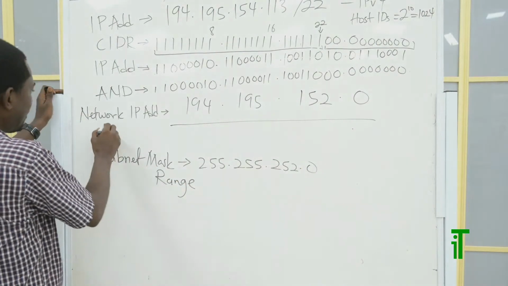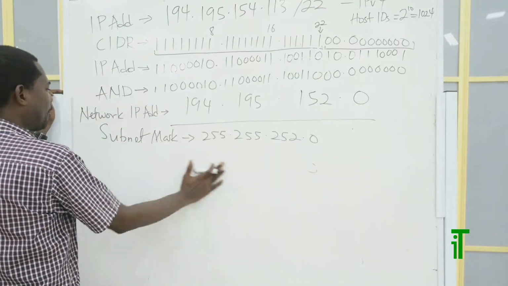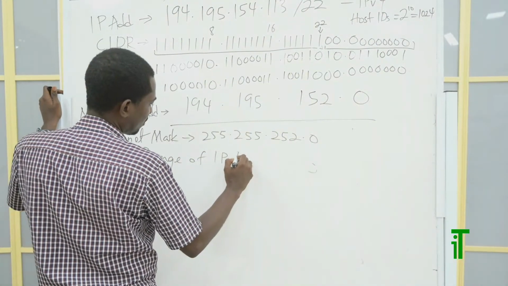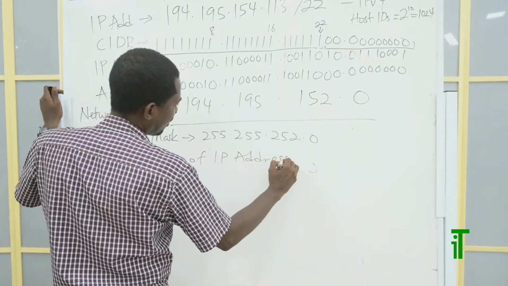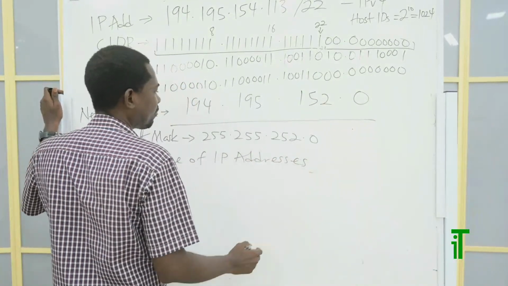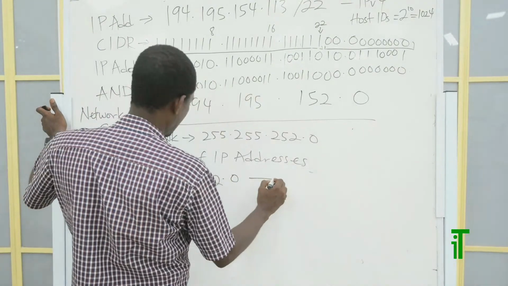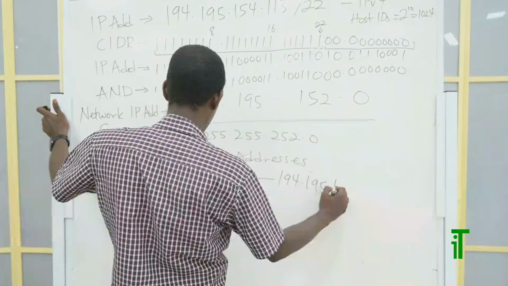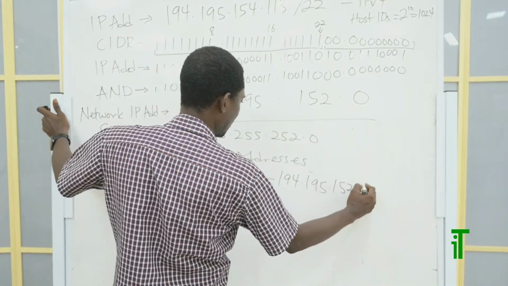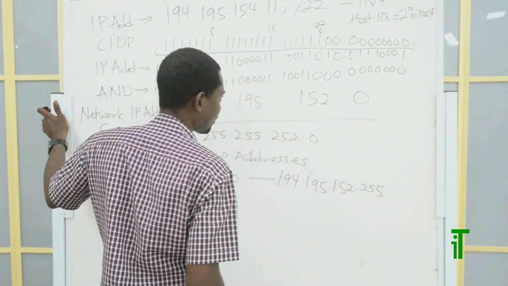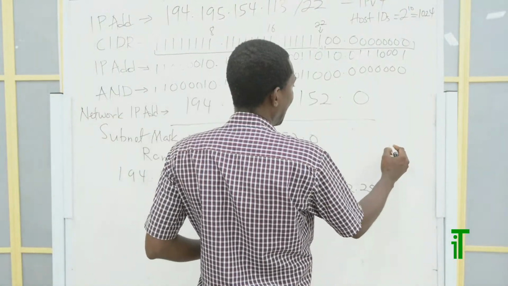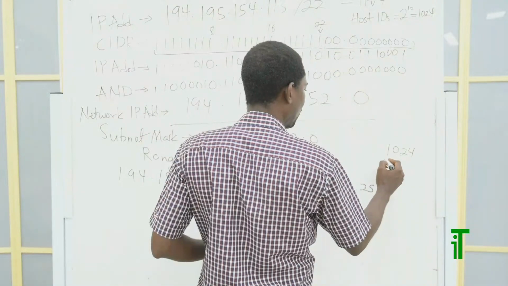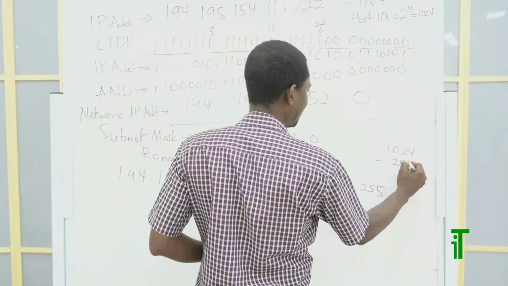So the range of IP addresses on this network goes all the way to 194.195.152.255. In this case, from the 1024, we've removed 255.